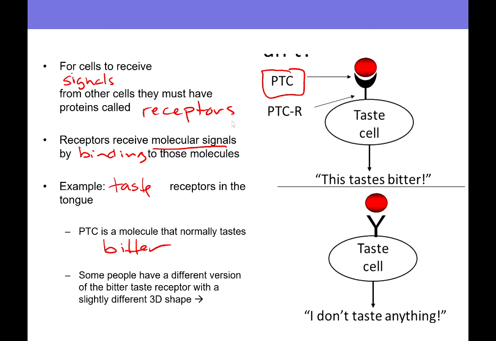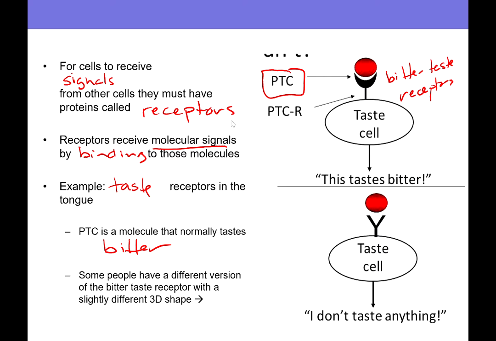And we have in our taste cells bitter taste receptors. And you might ask yourself, why would we want to have bitter taste receptors? Well, things that taste bitter are typically poisonous.